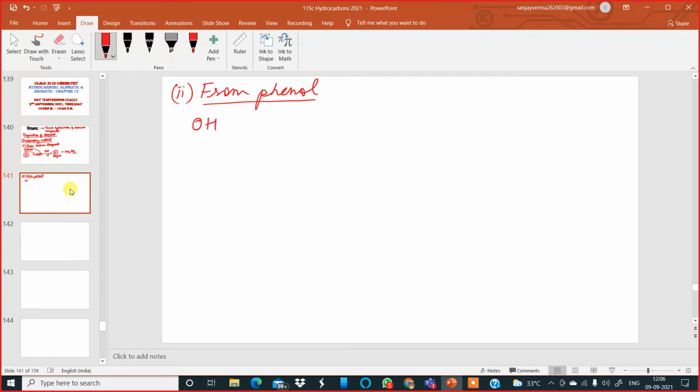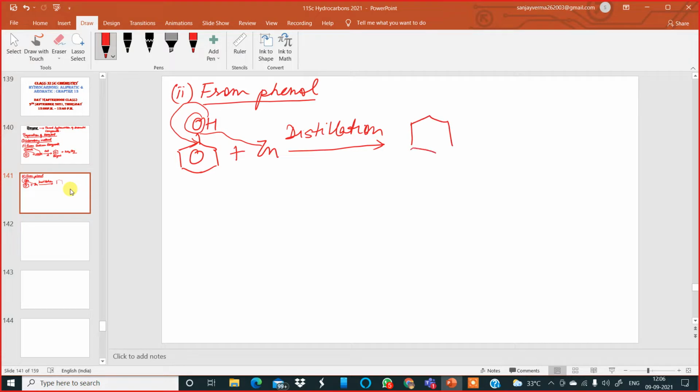When phenol is heated in the presence of zinc dust, this reaction is called distillation. This zinc is going to remove the oxygen from here, hydrogen rearranges and goes over here, so we are left with benzene, and zinc oxide is formed as the other product. That is the second method of preparation of benzene.